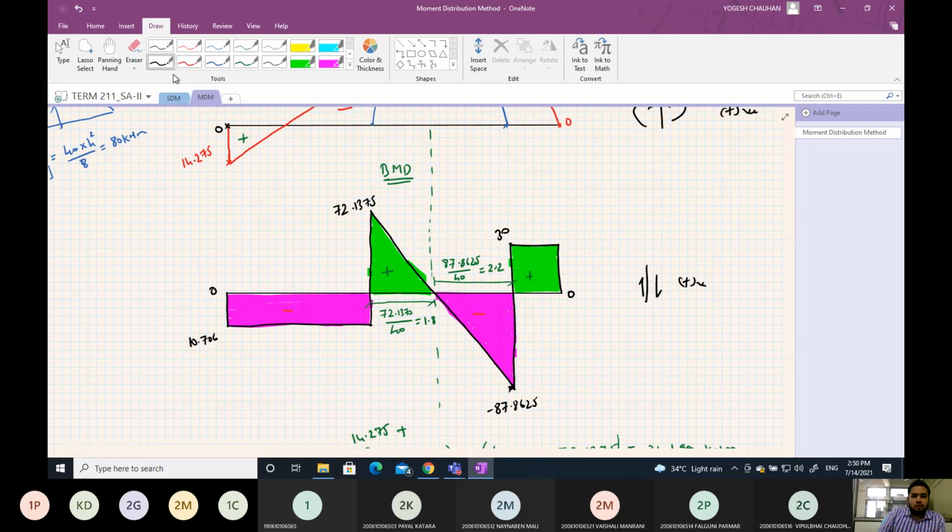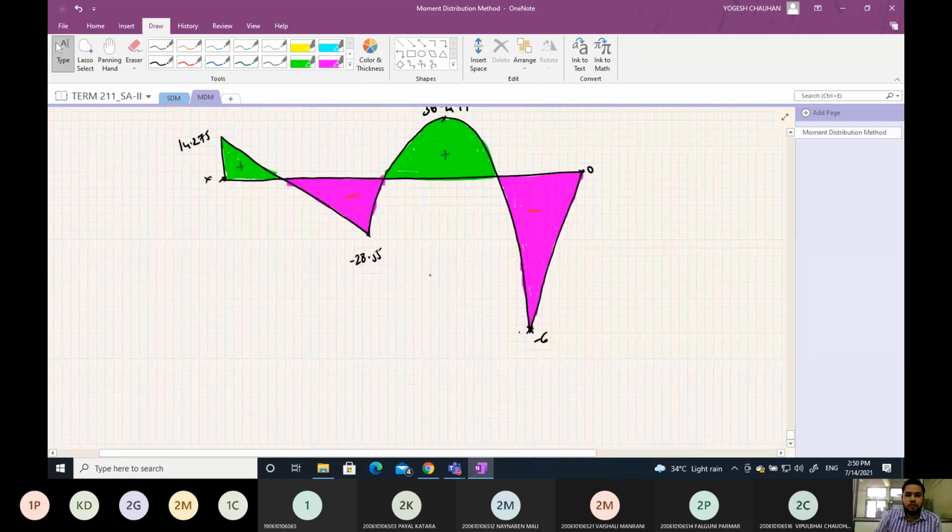So this is your shear force diagram, and this is the bending moment diagram.